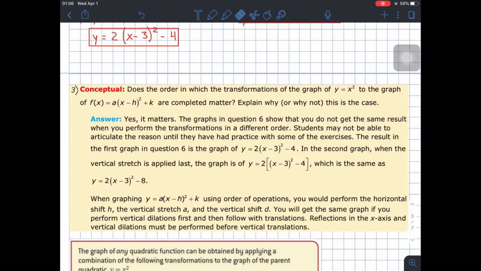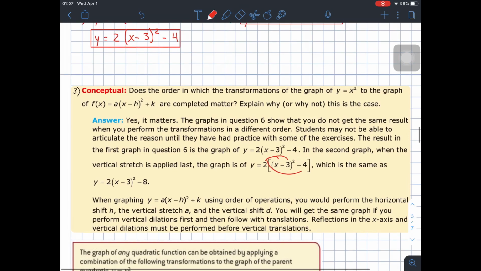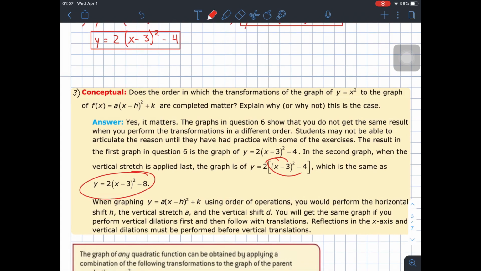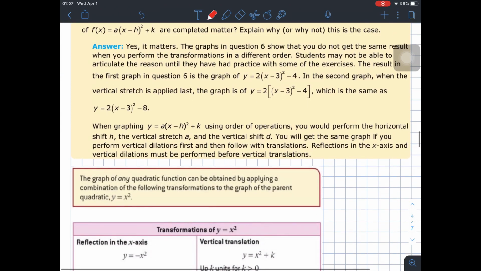In the second graph, when the vertical stretch is applied last, the graph is y equals 2 times (x minus 3) squared minus 4, which is the same as this. If we do the distributive property, we're going to get this function over here, which is something different from this, which we got in part A. So the graph would be different.